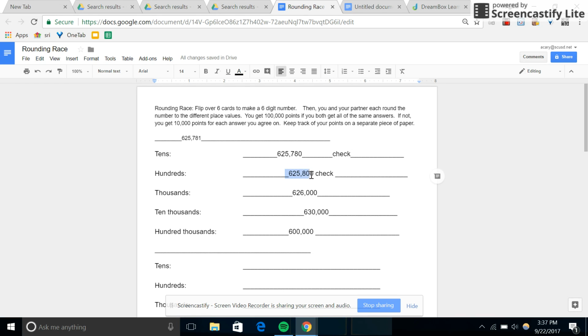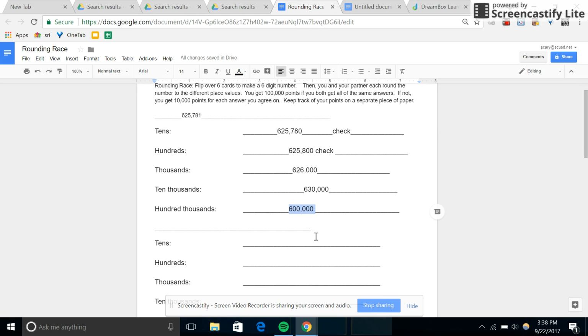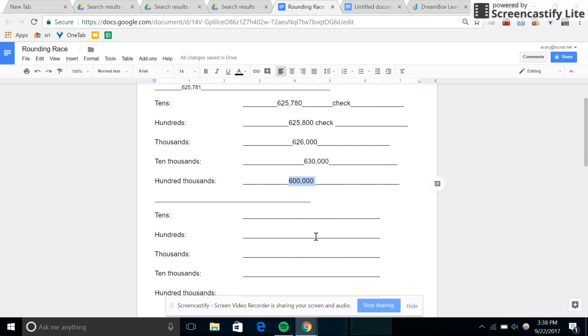While this one is going to get us the closest, it's not necessarily easy to work with in our head. So I call this rounding to the leading digit. Whatever the place value of the leading digit is, that's how we're working on rounding right now, which means they need to be able to round all the way up to the leading digit place value, and we go up to 6-digit numbers in fourth grade.